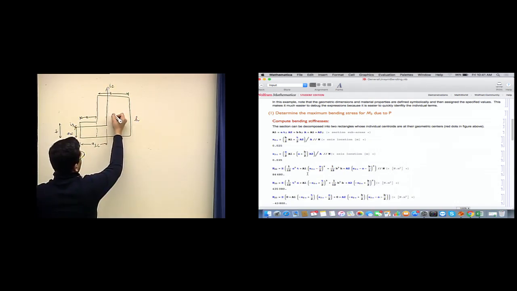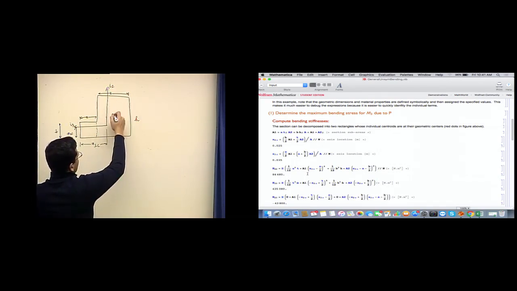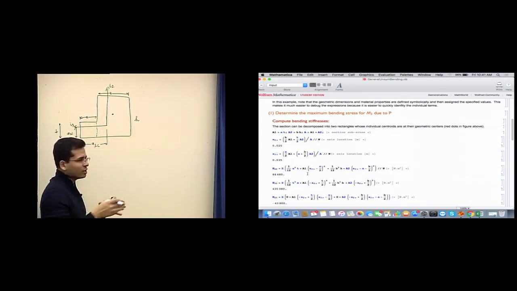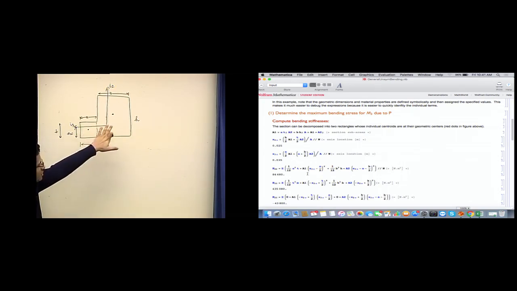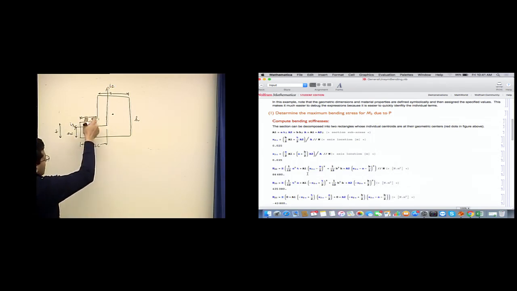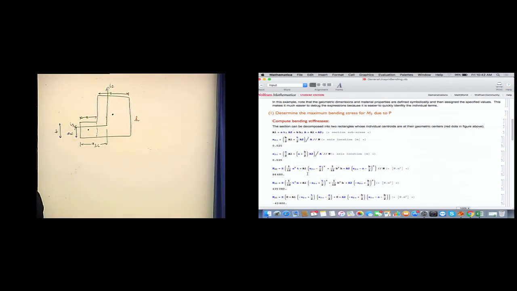So we know that because it's isotropic, no composite, the geometric centroid is going to be the sectional centroid for this subsection, and the geometric centroid for this is going to be the sectional centroid for this subsection. So we have two independent centroids in this problem. So we can evaluate the bending stiffnesses of this subsection about its centroid, we can evaluate the bending stiffnesses of this bigger section about its centroid, and then use the parallel axis theorem.